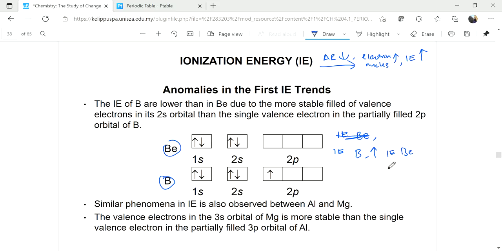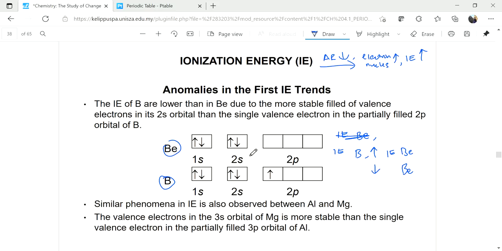However, the ionization energy of boron is lower than the ionization energy of beryllium.